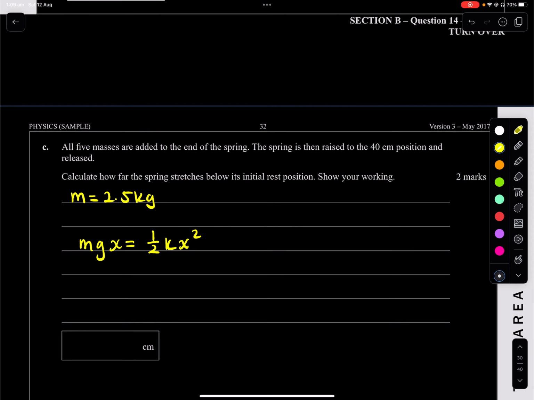So what do we do? Well, if we move this side, half kx squared minus mgx equals 0, and we take x as a common factor.